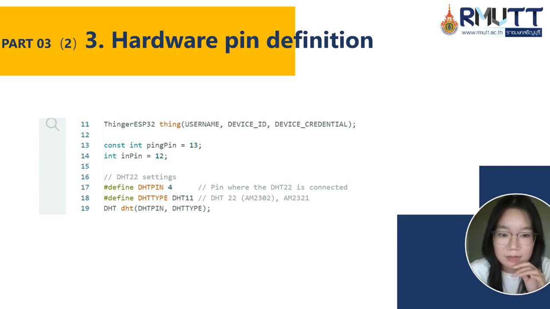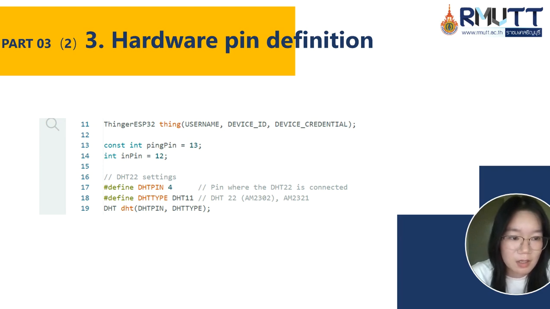The trig pin and echo pin correspond to the trigger and echo pins of the ultrasonic ranging module respectively, and the DHT pin connects the data line of the temperature and humidity sensor.